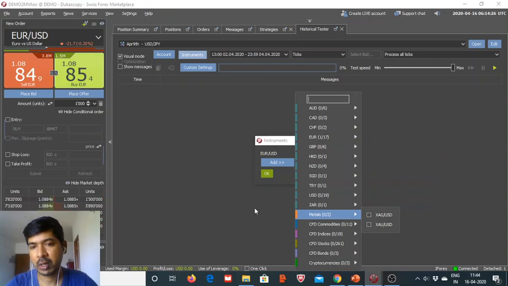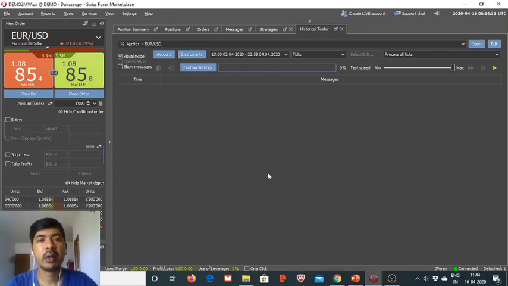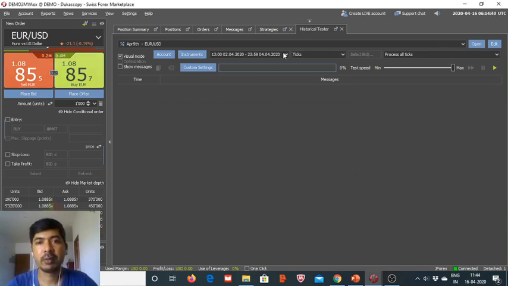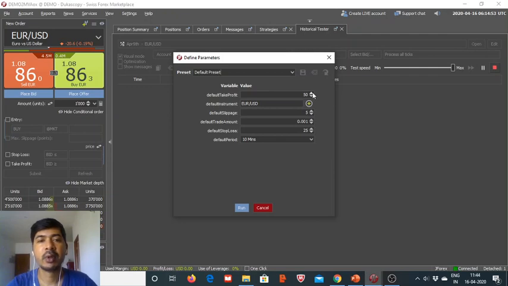Or we would look at the chart where our condition might have been fulfilled, and then we simply go back and see. Okay, let's take the previous month. It will start on 1st of March, and we go for the test run.